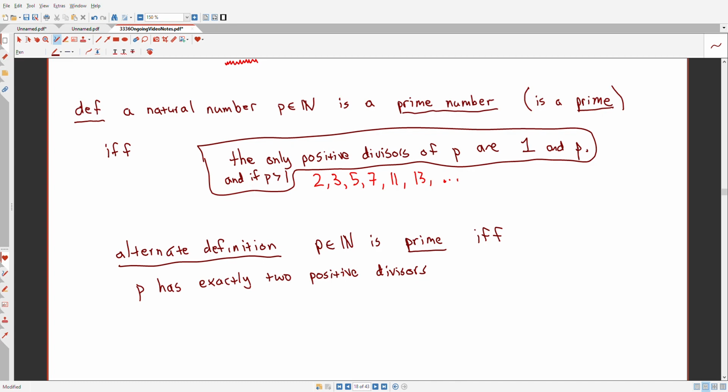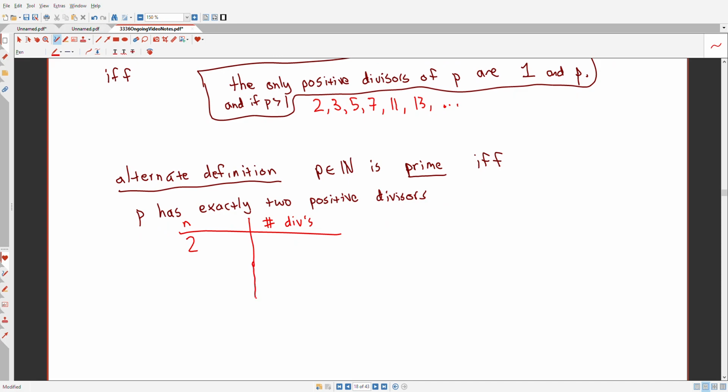But let's think about this. Let's maybe switch to another color here. What are the divisors of 2? I'll write my number over here, and then the number of positive divisors in this column.